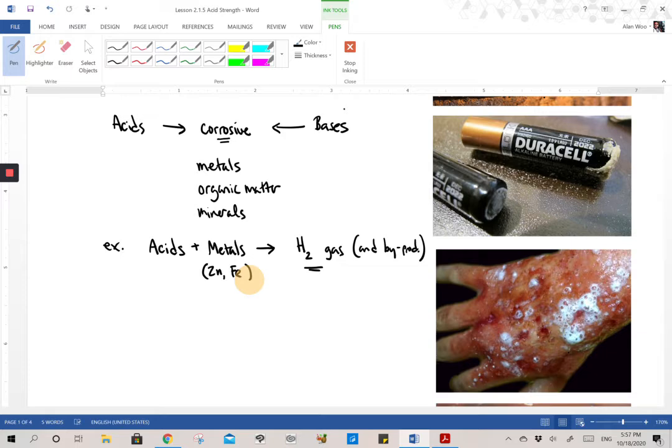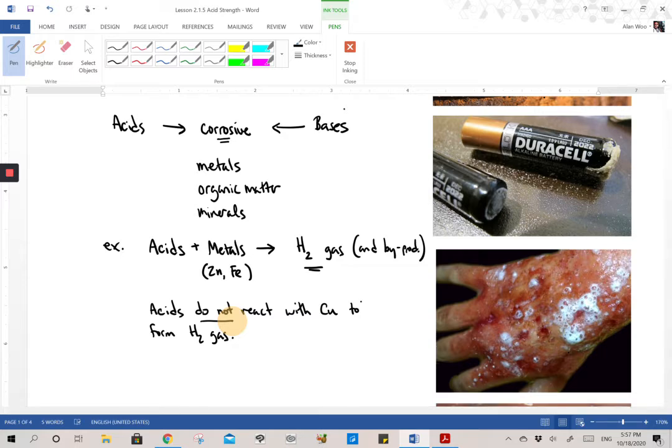However, acids do not react with copper to form hydrogen gas. Generally, copper is a pretty stable transition metal.